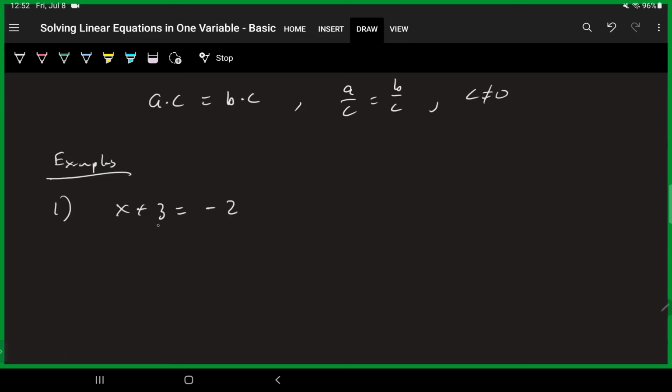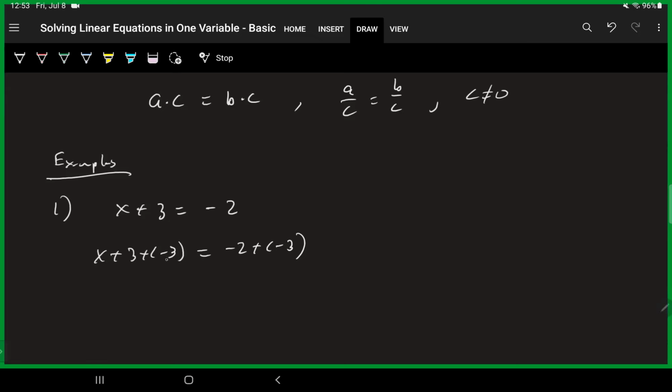So if I'm adding 3 to x, I should subtract 3, but we're going to do it from both sides. And this is something I like to do to keep track of my signs. I'm going to add negative 3 to both sides. If I add negative 3 to both sides, that helps me keep track of my signs. I'm keeping everything in one line. That way I know that I'm adding it to both sides and not accidentally adding it to the same side twice.